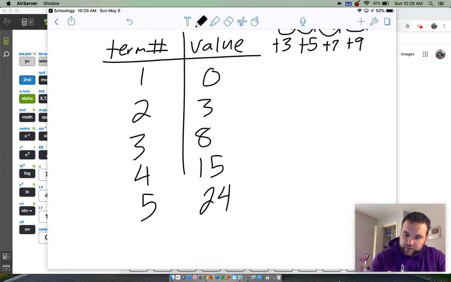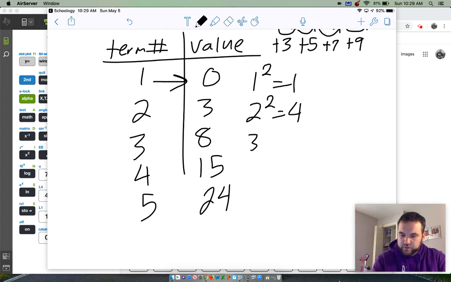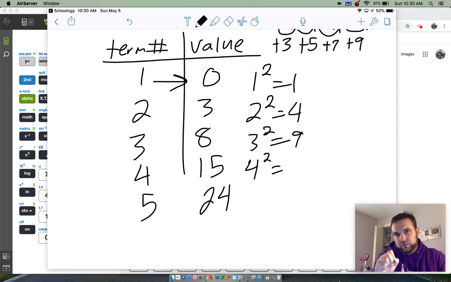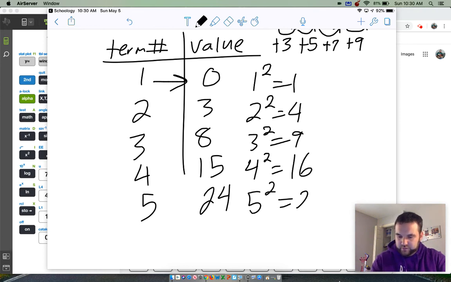And what I'm seeing here is that if I take 1 and square it, 1 squared equals 1. 2 squared equals 4. 3 squared equals 9. And I'm seeing that the value, the number on the right-hand side of my table, is 1 less than the squared number on the left. So if I were to take 5, which is the term number, square it, and then minus 1, that would be the same for all of these.